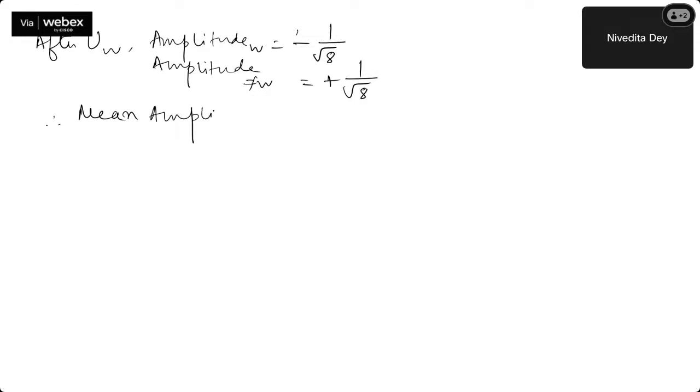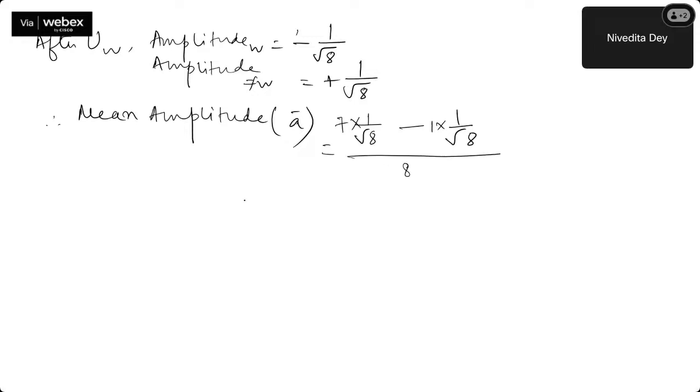It is basically 1 by root 8, seven times, and for only one value it will be minus 1 by root 8, and the whole thing divided by 8: a1 plus a2 plus a3 minus a4 plus a5 plus a6 plus a7, divided by a total of 8. That is what I am doing.